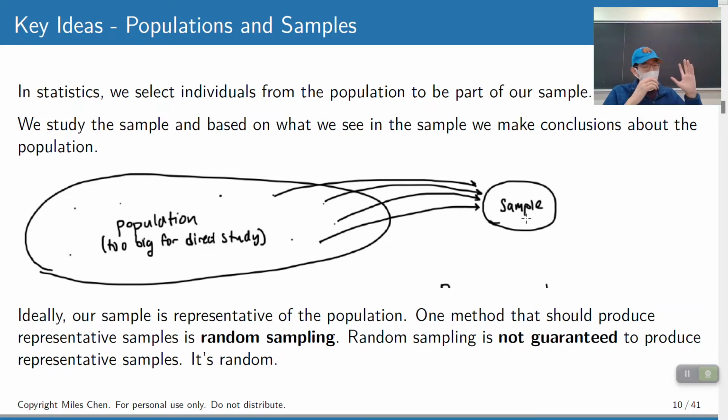Now, all of your intro stats textbooks always glossed over this fact. They would just say, imagine we have a random sample of 80 people, imagine we have a random sample of 200 people. But the truth is getting a random sample is truly a difficult task.